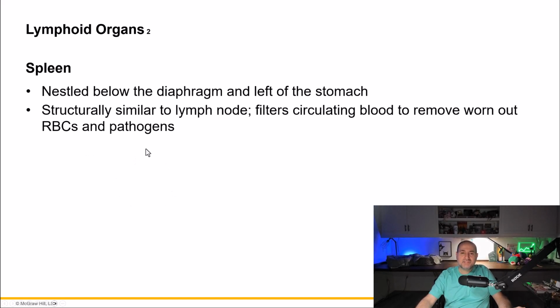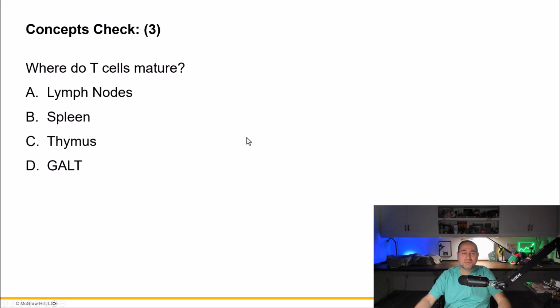The spleen not only filters out blood, but it also is a meeting place for white blood cells like the B cells and T cells and pathogens or foreign antigens in the blood. So it has two different roles, and one of those roles is in your immunity. And again, where do T cells mature? In the thymus. So you should definitely know that.